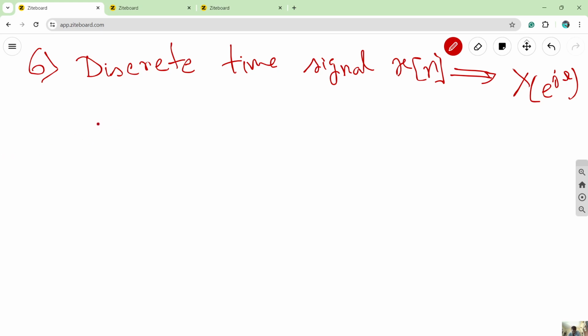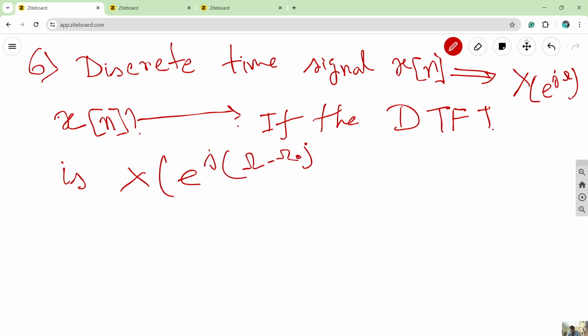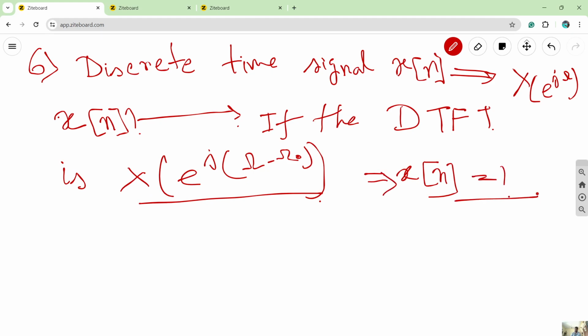So we need to find out what is x of n in this case. If the DTFT is X of e to the j of omega minus omega 0, then what is x of n? That is the question.